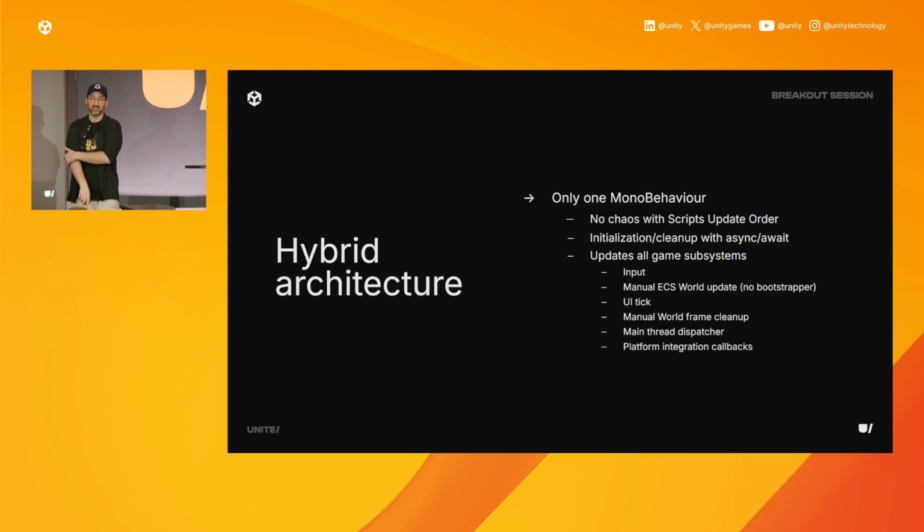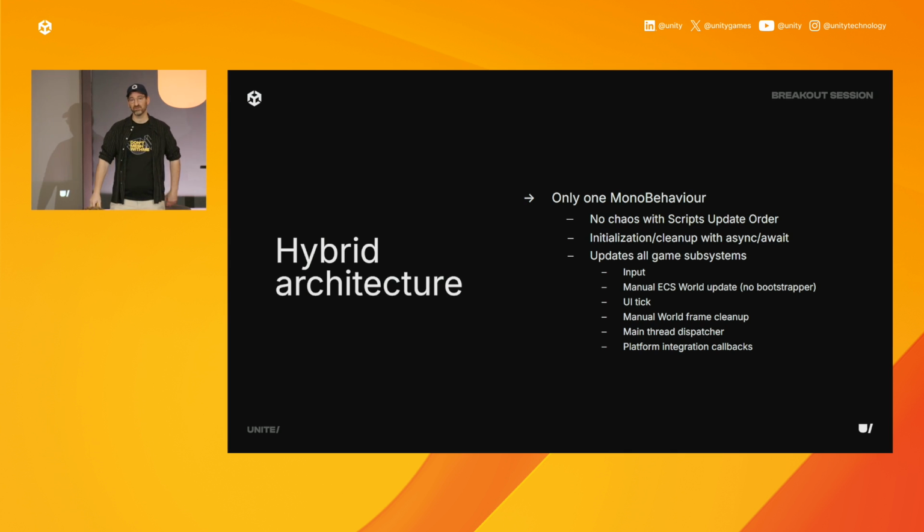As for the game architecture itself, we do use one MonoBehaviour. Formerly, you used a lot of them to make a Unity game. With ECS, this whole architecture really goes away, but we still use one to manage the game loop and to manage the initialization and the cleanup of the game. Nowadays, you can use the async/await paradigm with MonoBehaviour.